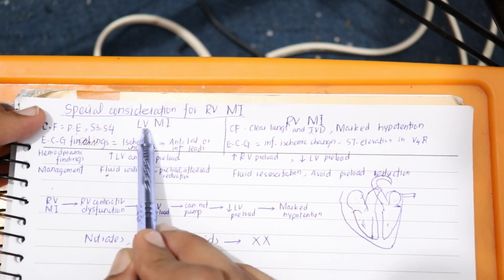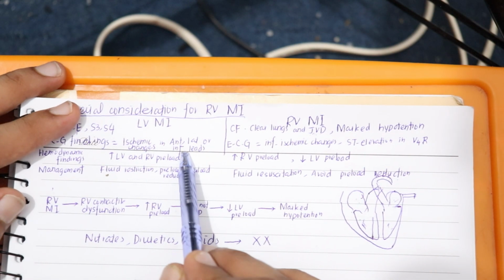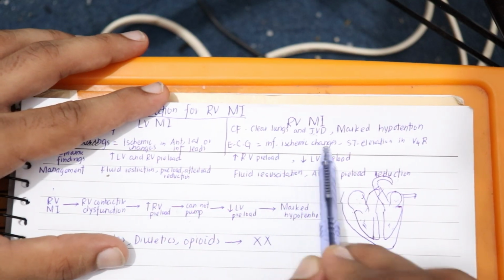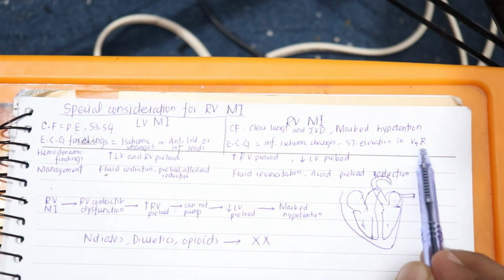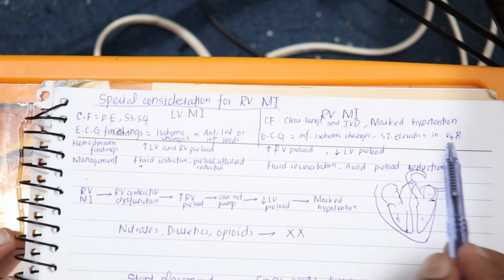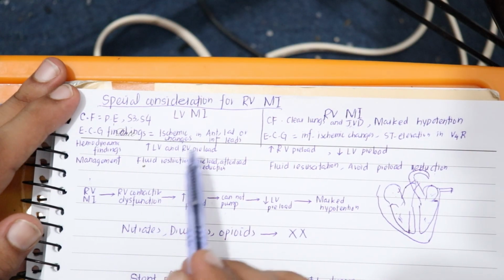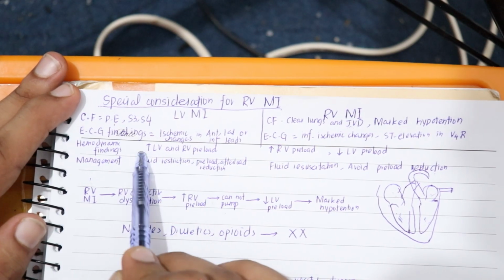On ECG, in left ventricle MI, there would be ischemia in the anterior, lateral or inferior leads, while in case of right ventricle, just inferior ischemic changes, and ST segment elevation in V4 lead. On hemodynamic findings, in left ventricle MI, the left ventricular as well as right ventricular preload is increased.